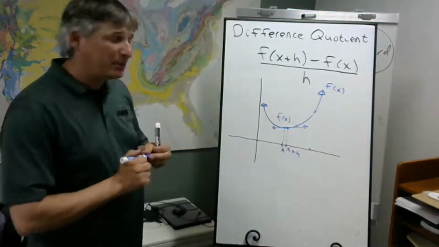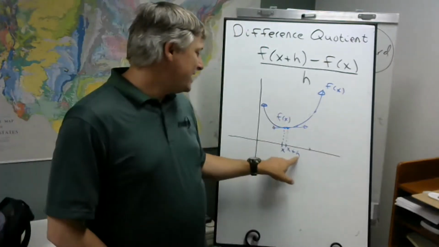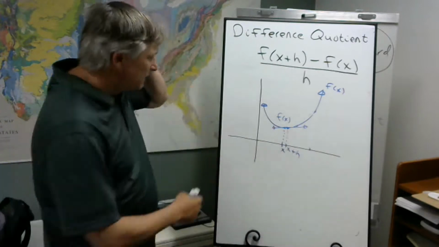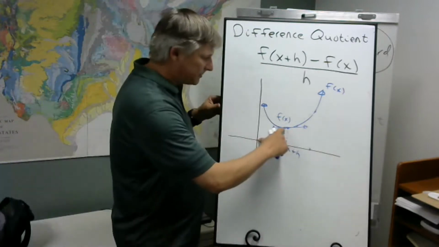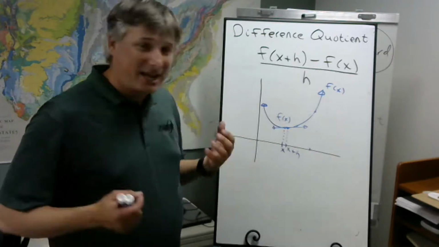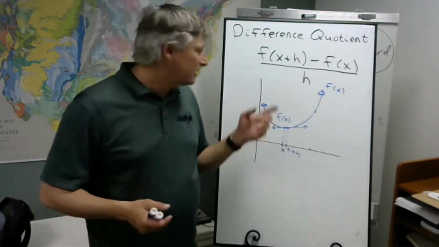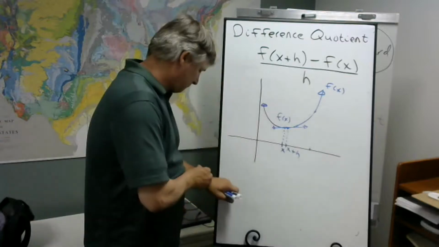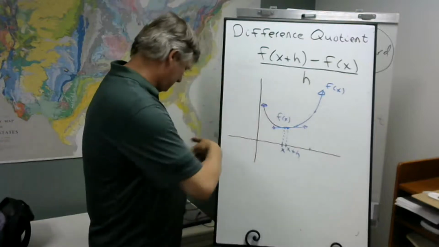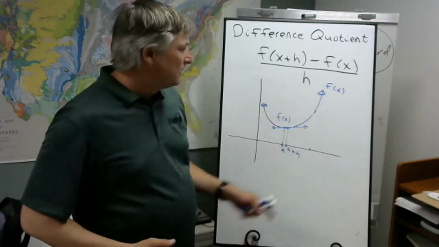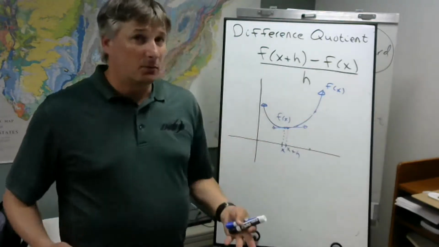If you notice what's happening, as h shrinks, the distance between here and here gets smaller. This point gets closer to that point, and we get some kind of idea of what a tangent line is: a line that contacts this function at one point. There we go. A tangent line contacts this curve at one point.